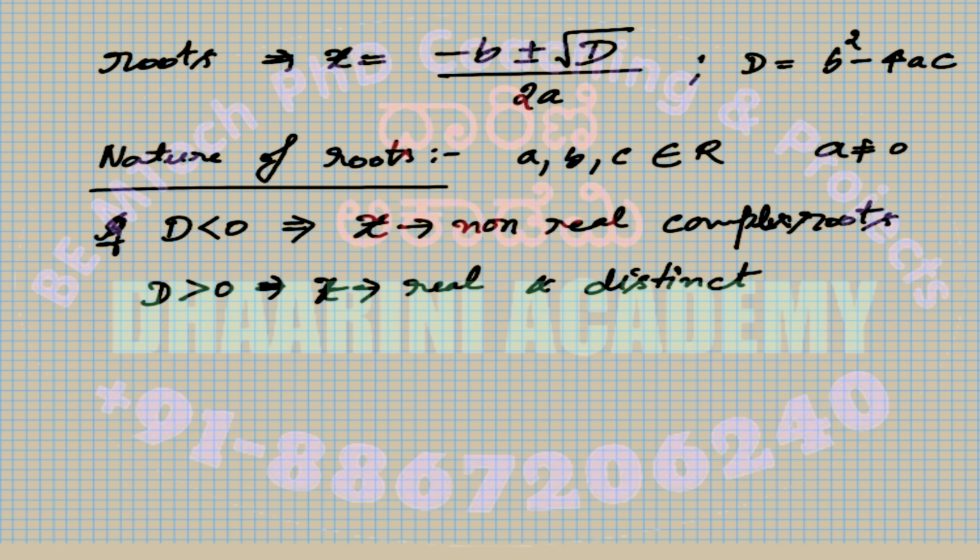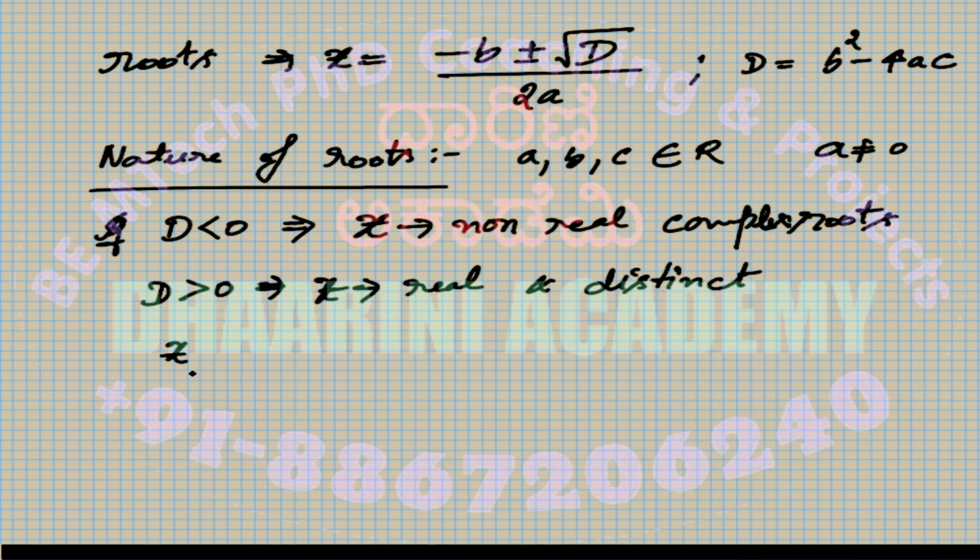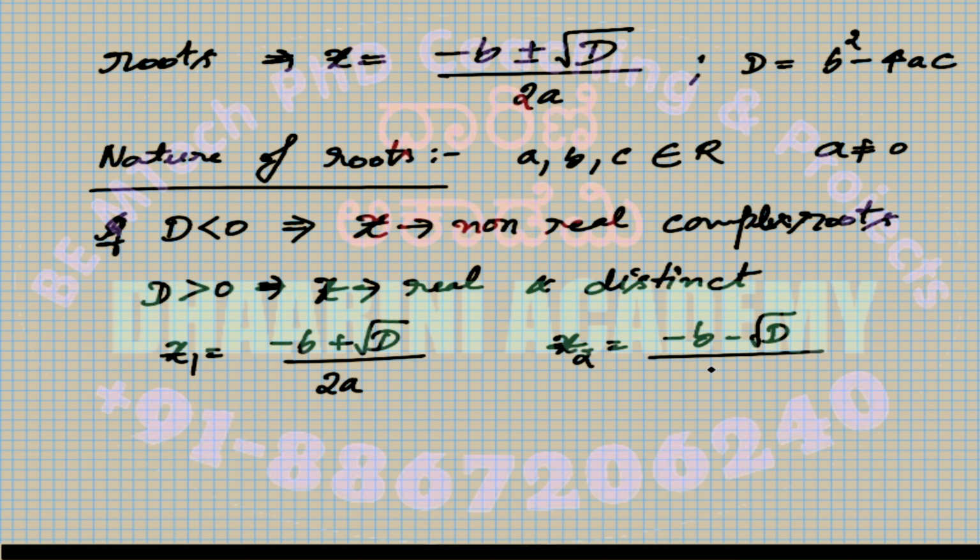So how to write the equations in that case? What are the roots? First root, x1 is equal to minus b plus root d by 2a, and x2 is equal to minus b minus root d divided by 2a.